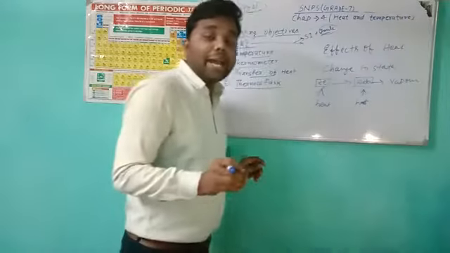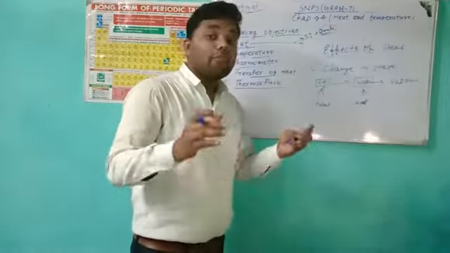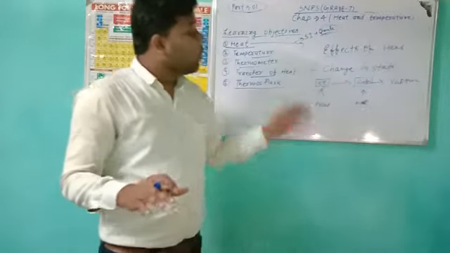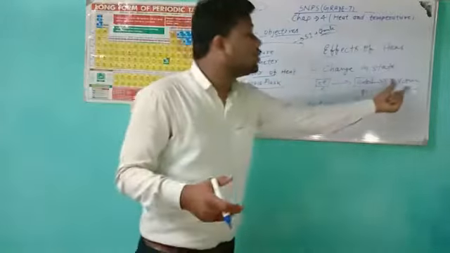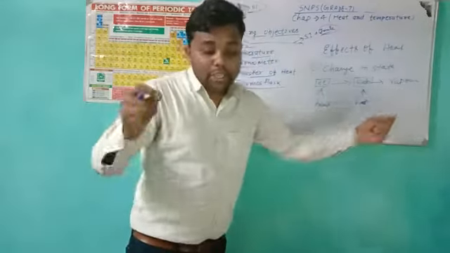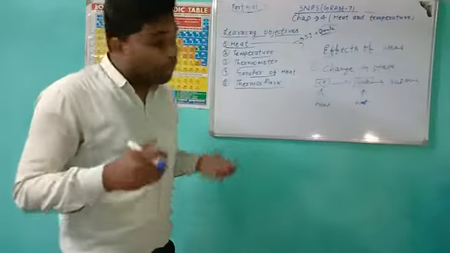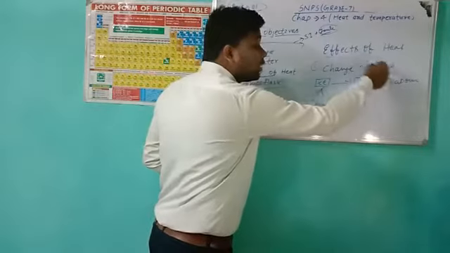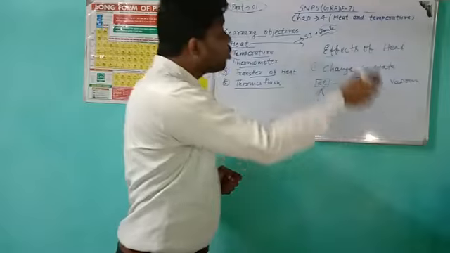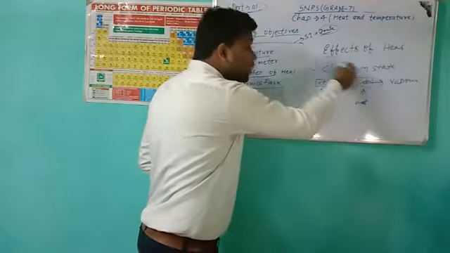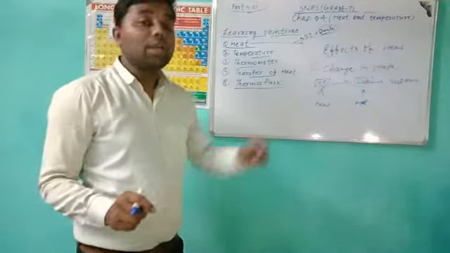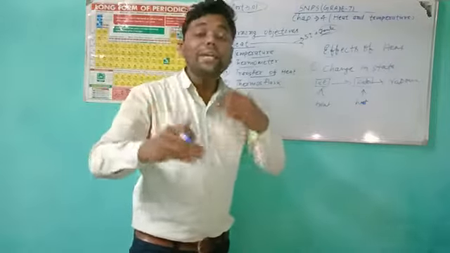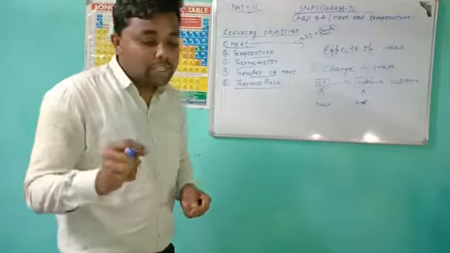As you all know, when we heat the ice, it can change into water, and when we heat the water, it can change into water vapor. This is the first effect. And when we cool the vapor, it converts into water, and when we cool the water more, it converts into ice. This is the state change after heating something. Okay, this is the first effect.